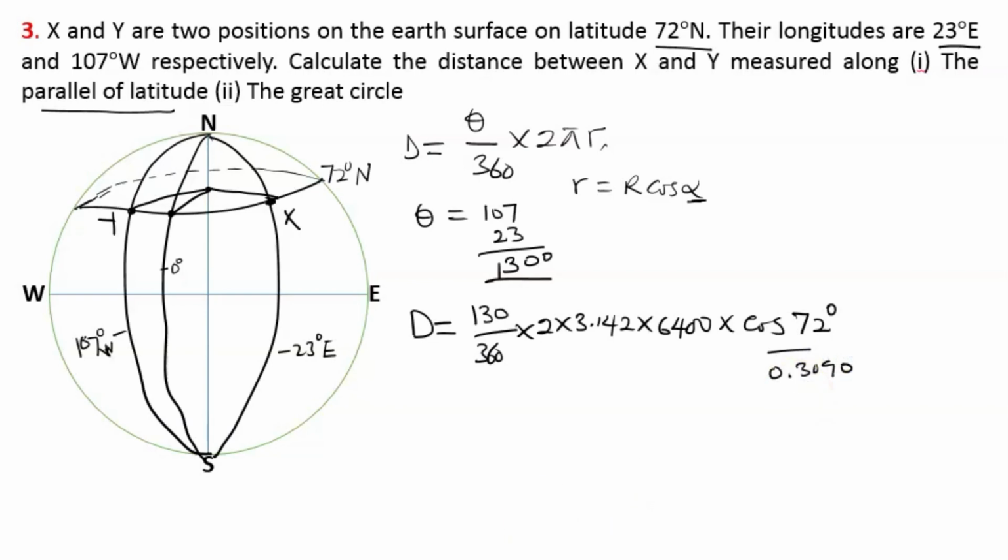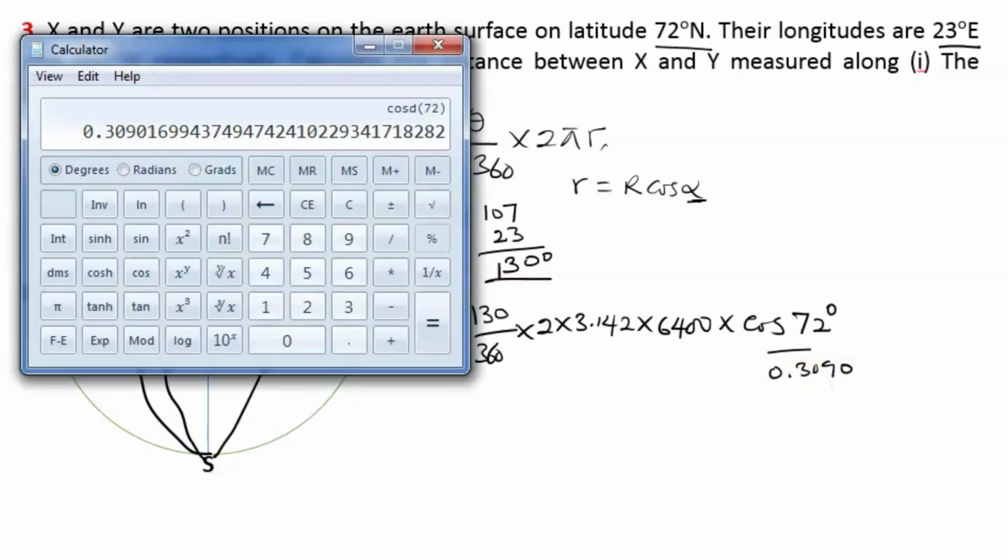If your calculator is a two-line display, it can easily take everything at once. 130 divided by 360, then the answer multiplied by 2 multiplied by 3.142 multiplied by 6400, then finally multiplied by 0.3090.